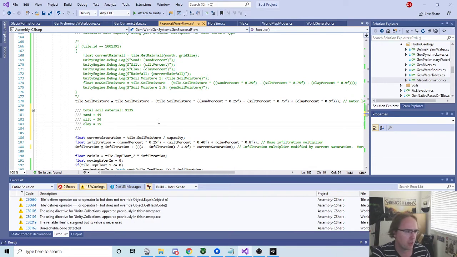Alright, so now let's calculate how much water we're losing here. So, let's see, sand percent. So, 0.49 times 0.25. Silt percent. Yeah, I think I see where all of our water went. I'm just wondering why it isn't lower.